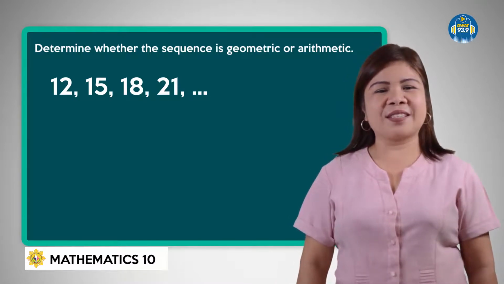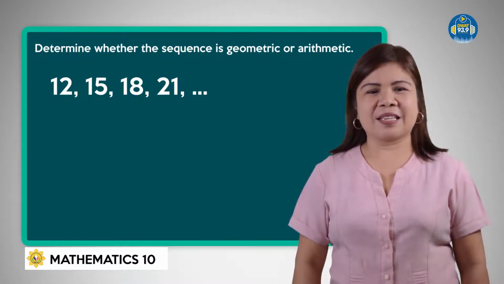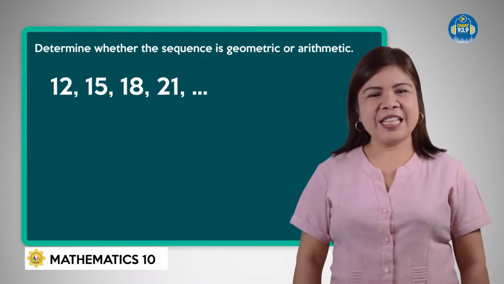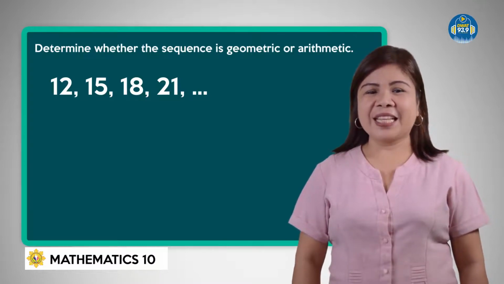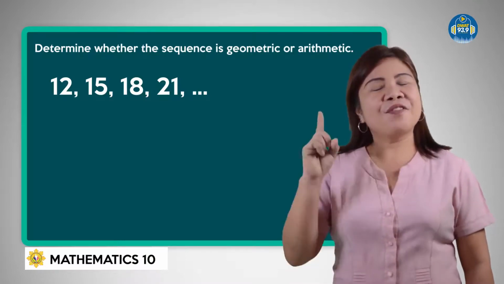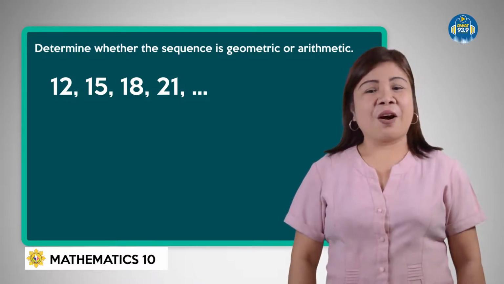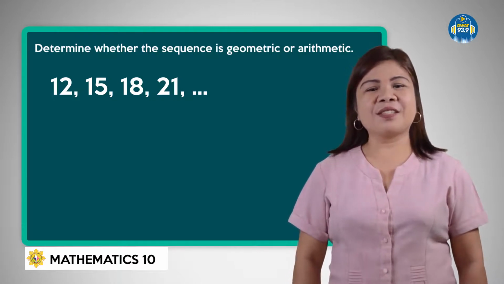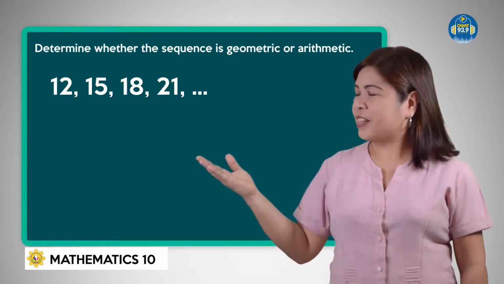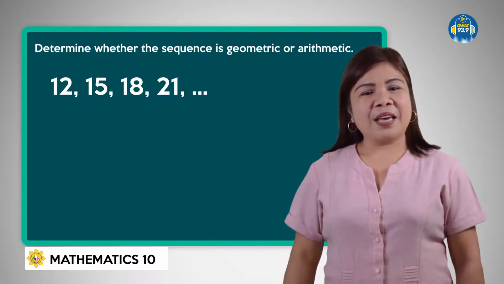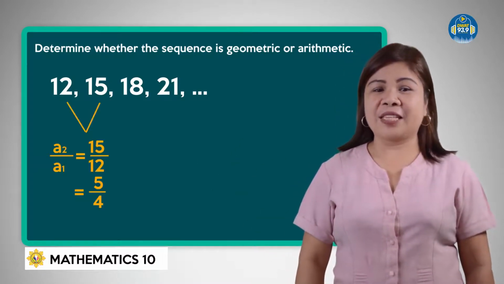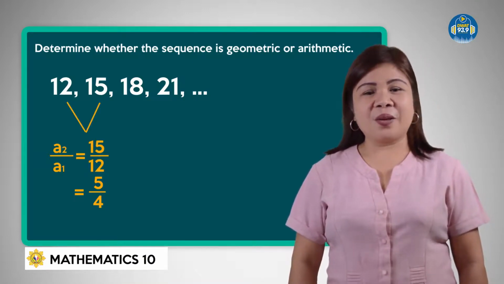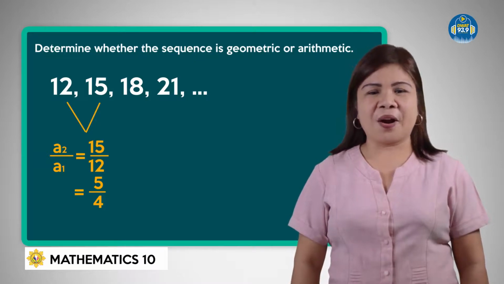Determine whether the sequence is geometric or arithmetic. First, we have 12, 15, 18, 21, and so on. First, let's investigate if a common ratio or a common difference exists. Using the first three terms, 12, 15, and 18, we have a sub 2 over a sub 1, which is equal to 15 over 12, which is also equal to 5 over 4.